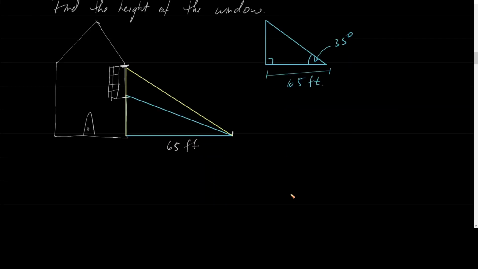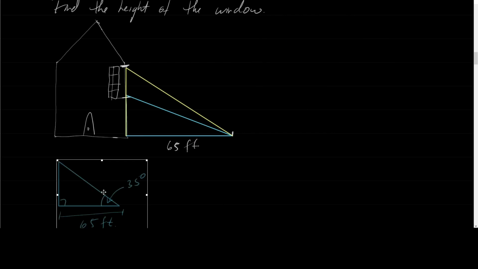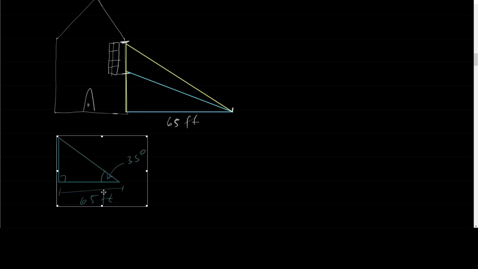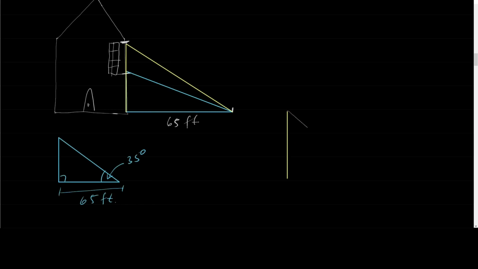And now, let's look at the yellow triangle. The yellow triangle has got, and you know what, let me actually move this. I'm gonna move this down here. The yellow triangle looks as follows. So the yellow triangle is something like this, right?